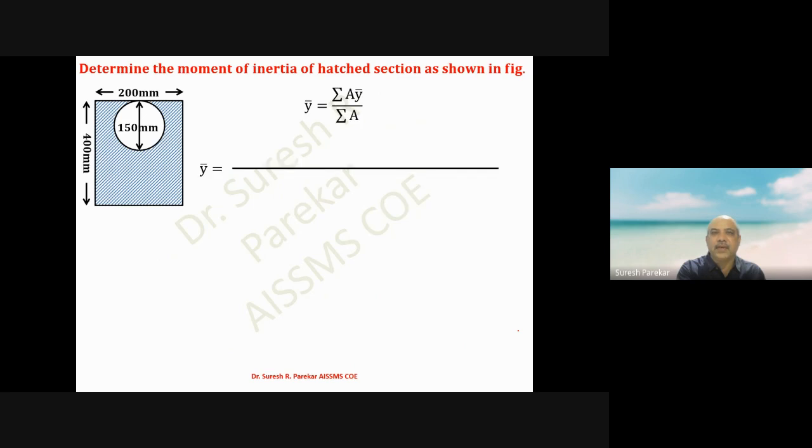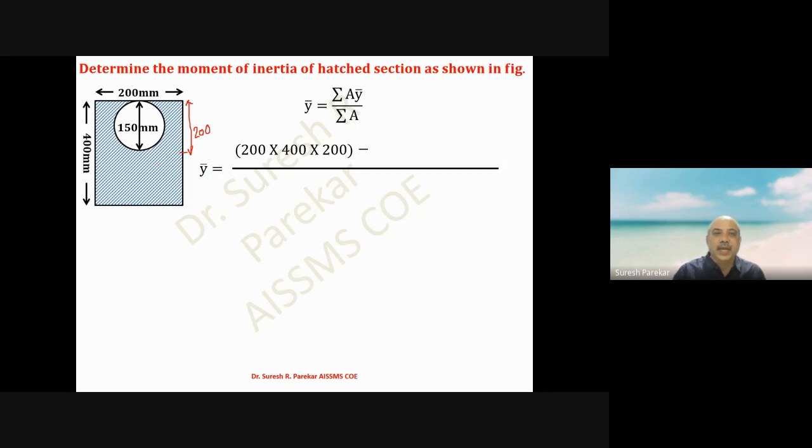Y bar we have summation a y upon summation a. First we are going to be with this rectangular section. We have 200 into 400, and the centroid of this from top is 200. So we have 200 into 400 into 200.